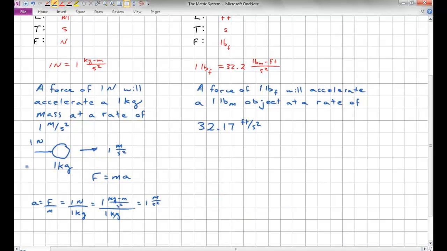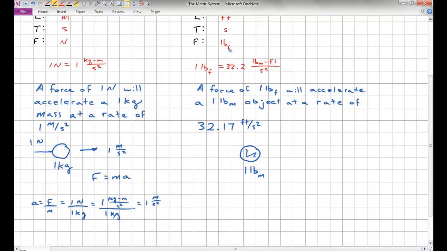And then we say, well, all right, let's do the same thing for the British gravitational system. Now, instead of our base unit of kilograms, we've got a base unit of pound mass. So let's draw this. We've got another object, another sphere, and this thing weighs 1 pound mass. Let's apply a force.